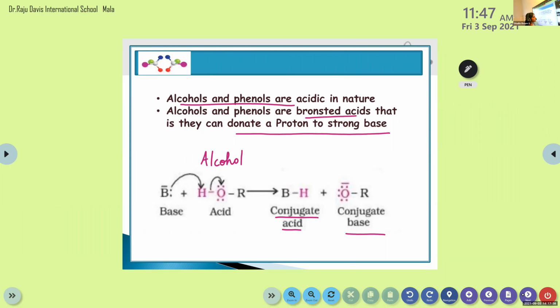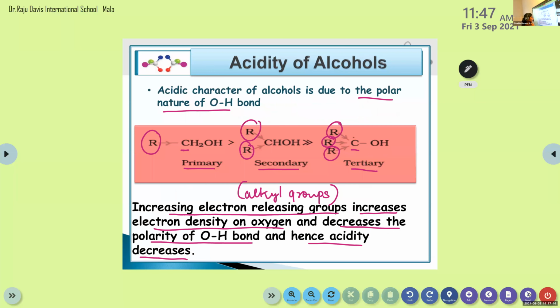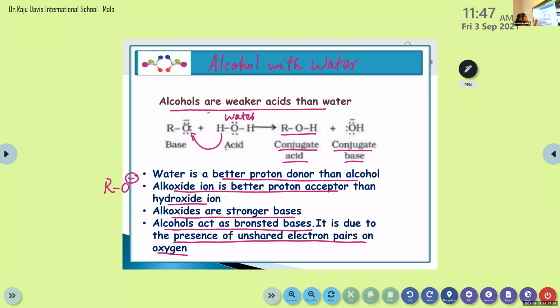And in this case, when they are reacting with water, they will act as a Bronsted base because the water molecule is a better proton donor than alcohol. This water molecule will donate H plus ion and this base, alkoxide ion, will accept this H plus ion. This is clear now? Yes, right. Okay.